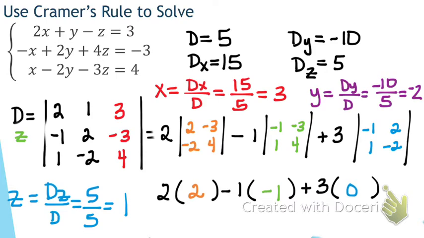So my 3 solutions, I'm going to write this as an ordered triple in alphabetical order. So X is 3, Y is -2, and Z is 1. That is my final answer, and that is how you use Cramer's to solve a 3 by 3.